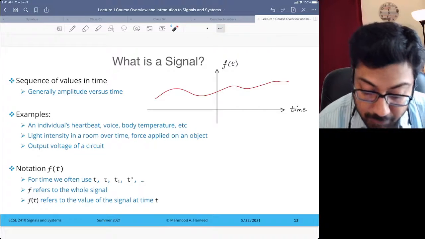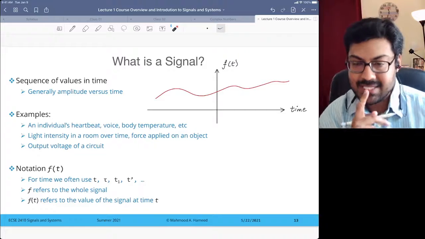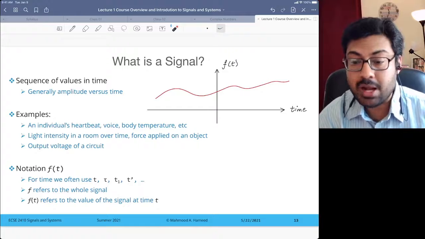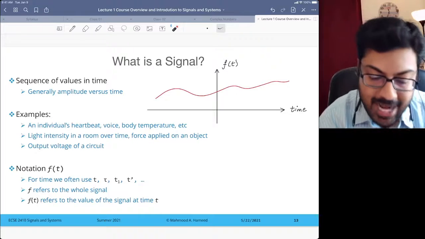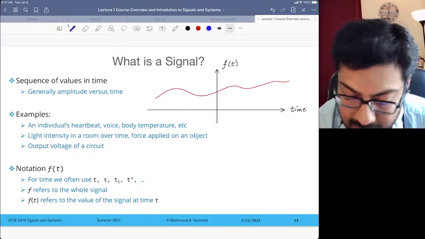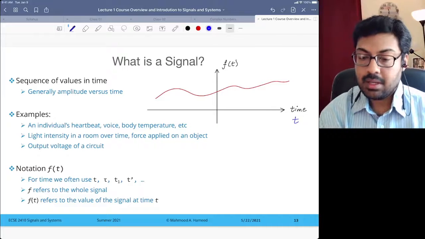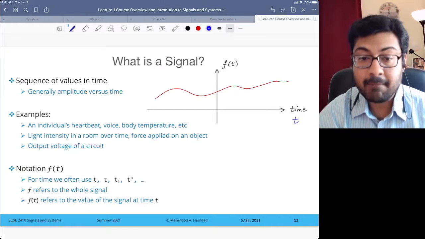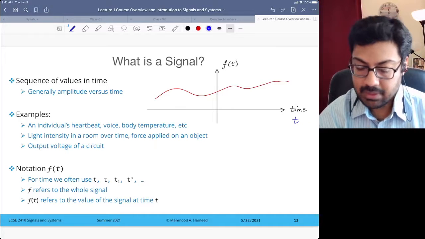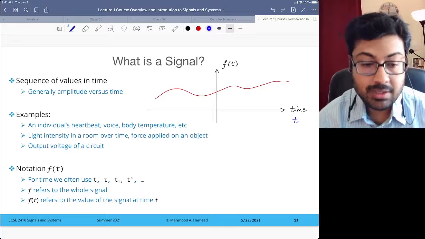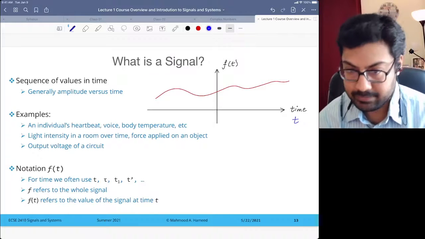All right, so for time, what happens is this. You will usually need a lot of variables to talk about time. So time generally, if you only had one, sure, you can use t for that, right? No problem. However, you will have multiple time variables, especially when we start talking about convolution. Then you will have two for sure.